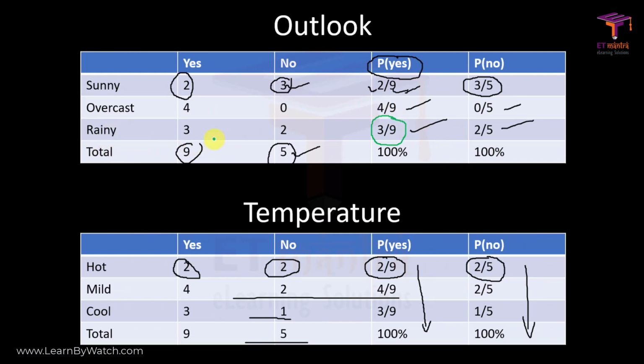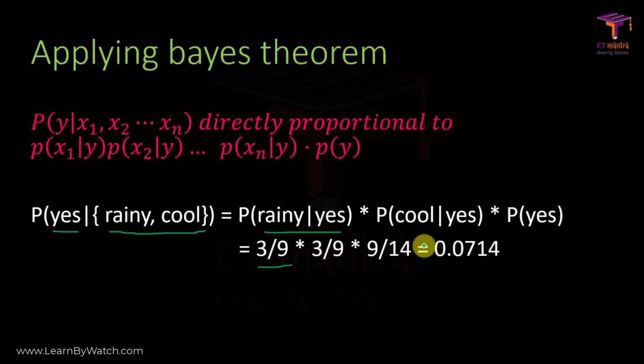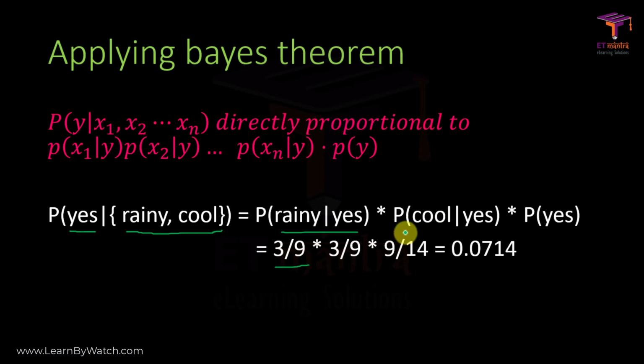Similarly, we can look at the table and get the probability of cool given yes, which is also 3 by 9, and multiply by the probability of yes, which is 9 by 14. This gives us 0.0714. Remember once again that this is not the exact probability, it is just directly proportional.